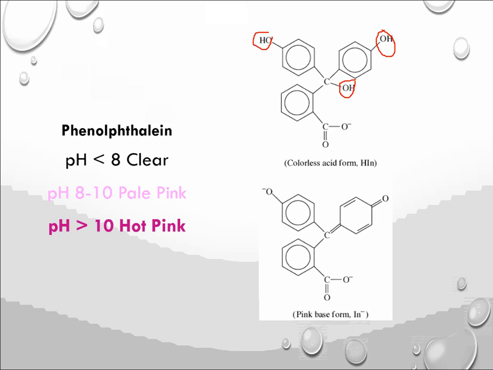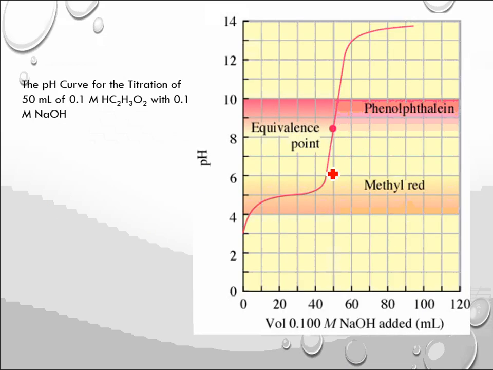So just real quick to talk about choosing the correct indicator. This is a weak acid, strong base titration, and we see that phenolphthalein would be a better choice than methyl red here, because equivalence is taking place right in the phenolphthalein color change window. If you'd chosen methyl red, you would see a color change, but you would still be in the acid form throughout your color change.